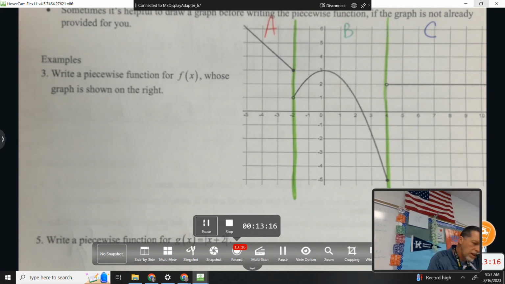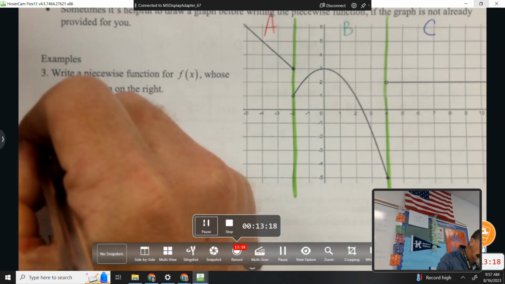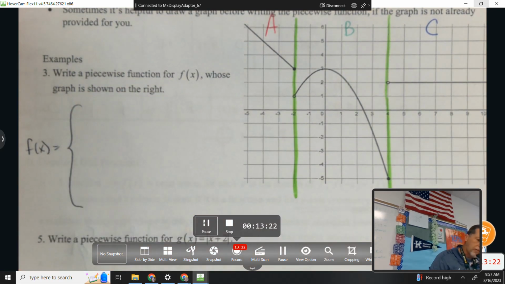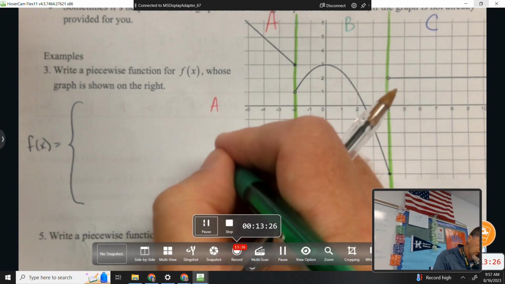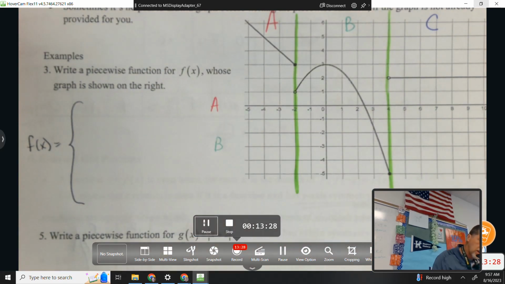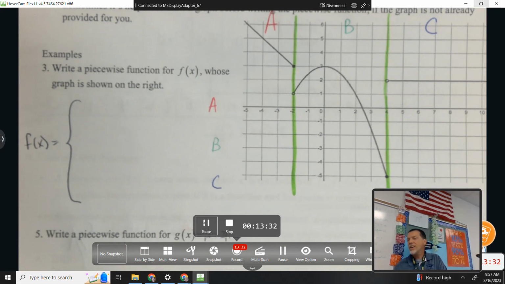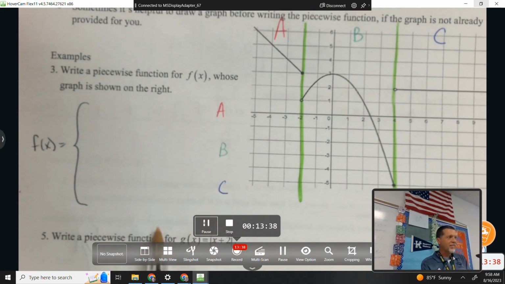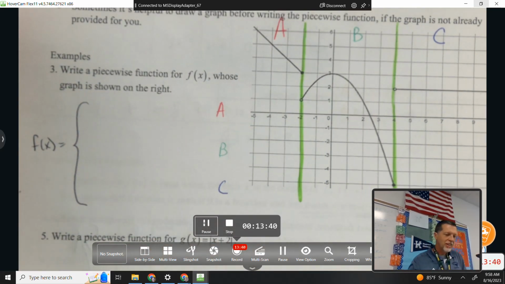So f of x equals, I know I'm going to have 3 parts, A, B, and C. I'm going to put the x stuff on first, right? Like you use the x stuff first.